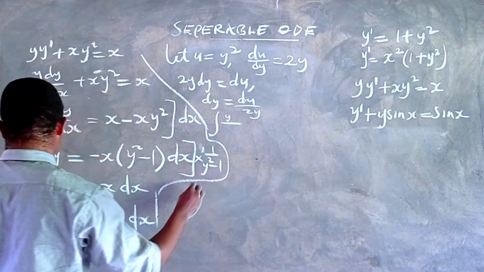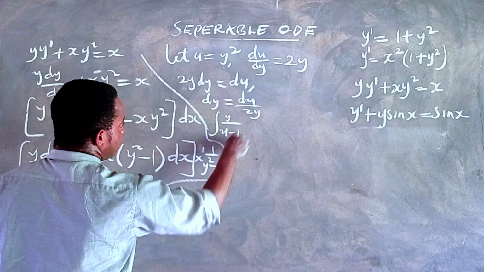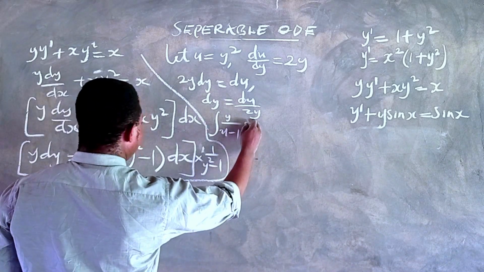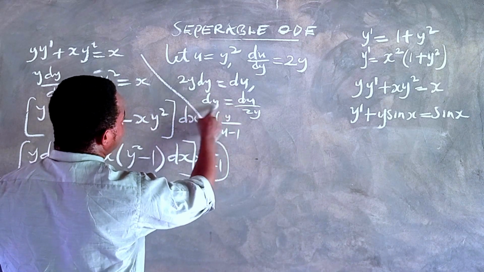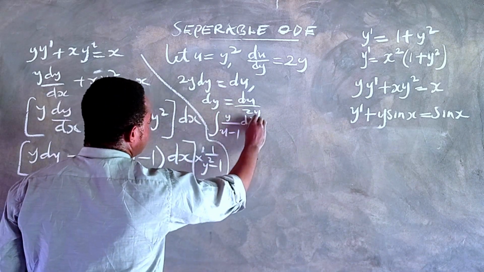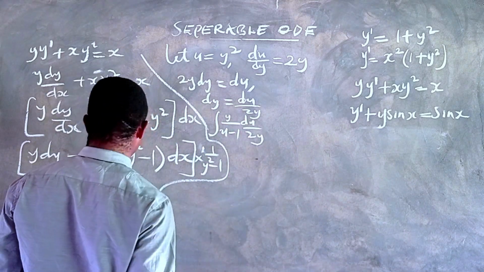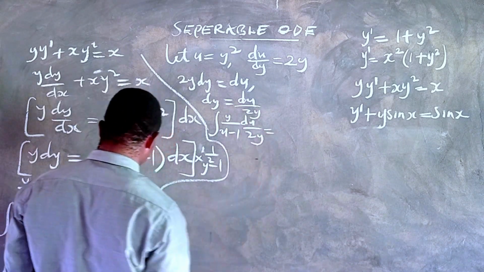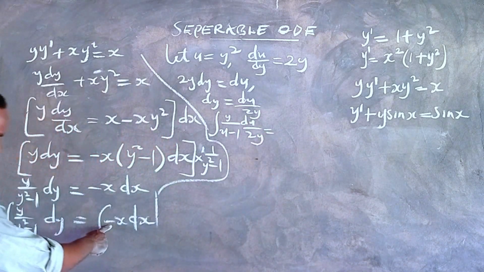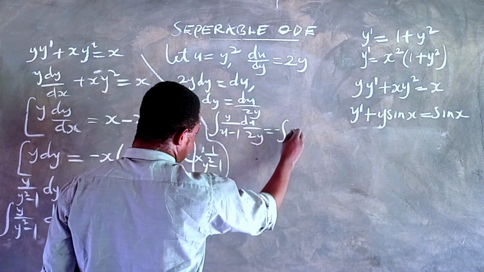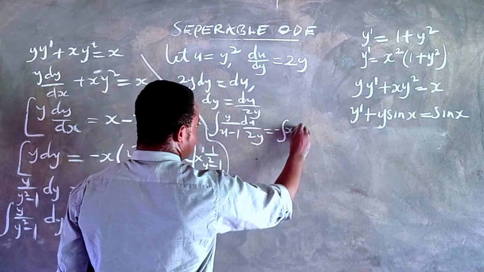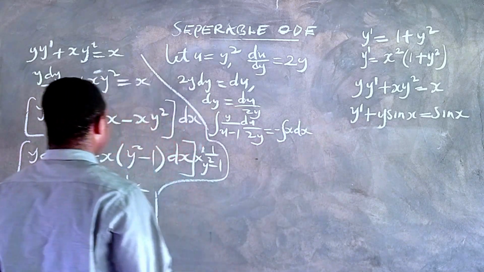So we now have the integral of 1 all over u minus 1, instead of y raised to power 2 minus 1, and multiplied by, instead of writing dy, we write du all over 2y, right? All of this is equal to, let us extract the constant of that integral, negative 1, and integral of x dx.